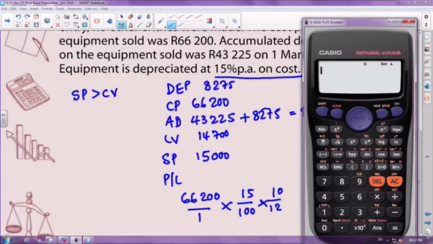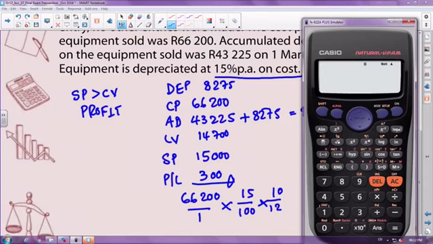Therefore, this tells me that I have made a profit on sale of asset, and the profit on sale of asset is 300 Rand. I have not made a single accounting entry, but I've calculated my profit or loss on sale of asset just based on the information that I'm using here.